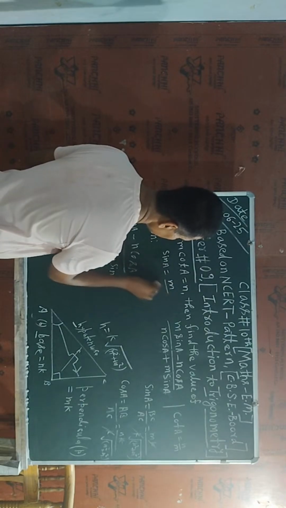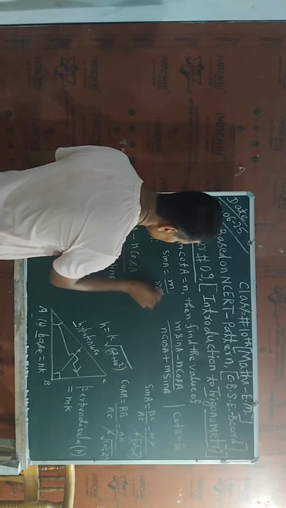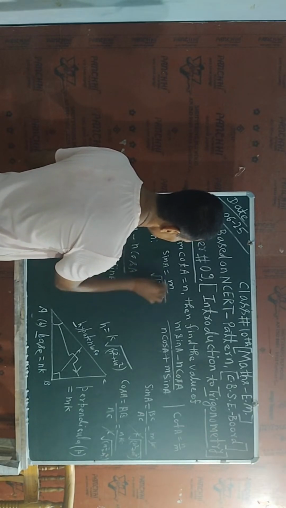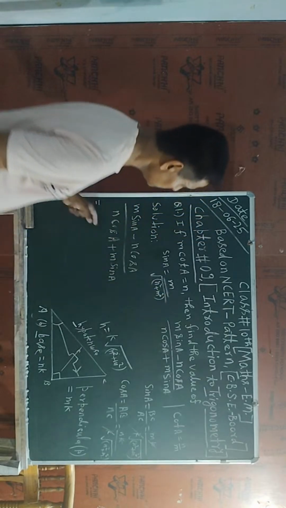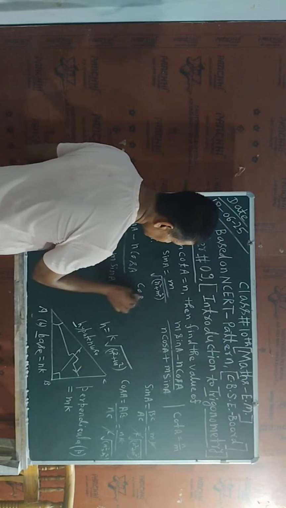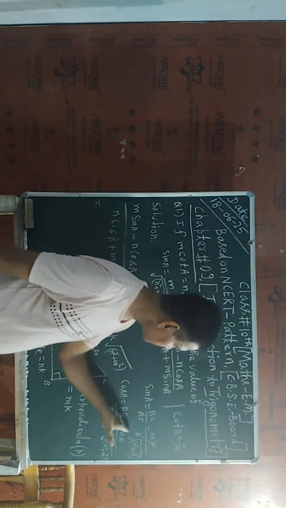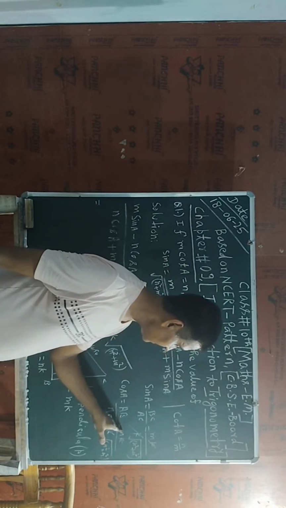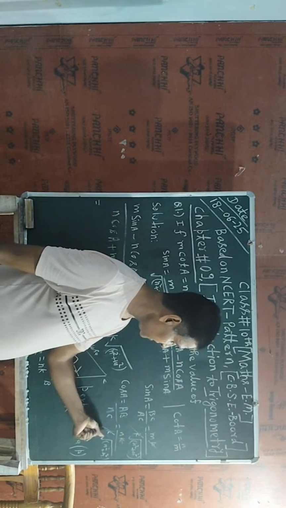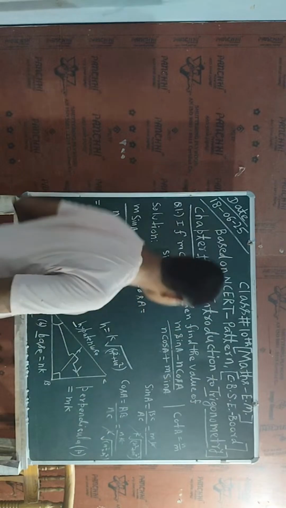M divided by square root of N square plus M square, and I will put it in square root. Similarly, I will write the value of cos A, which is equal to N in the numerator, and in the denominator I have written square root of N square plus M square.